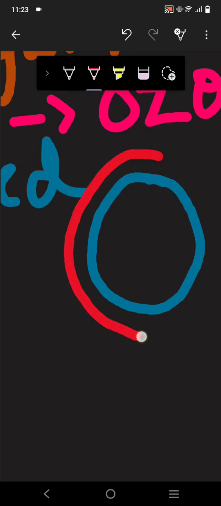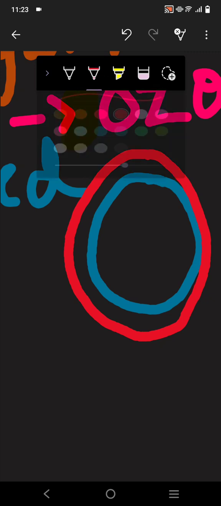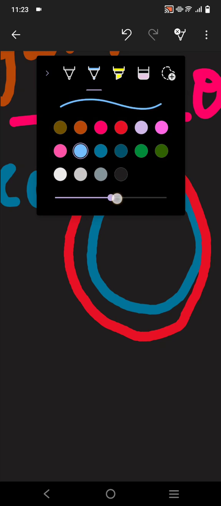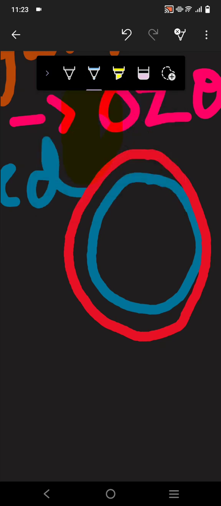This is our earth, and over here this is the ozone layer. And here this is the sun. The rays of the sun, the infrared and the UV rays, are coming over here.